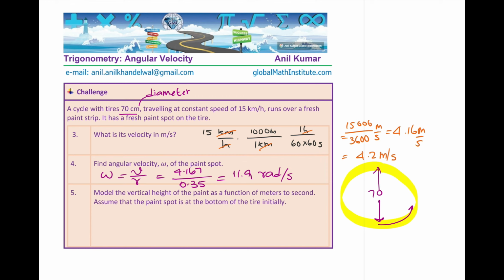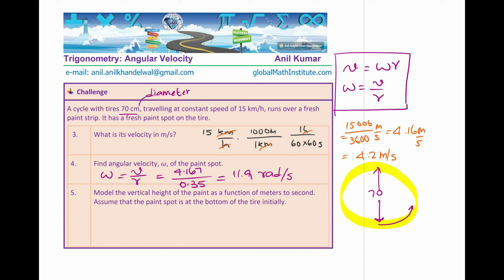So you can use this relation. Remember, V equals omega r, or you could rearrange and write omega is V over r. So that's the relation to remember to convert linear velocity into angular velocity.